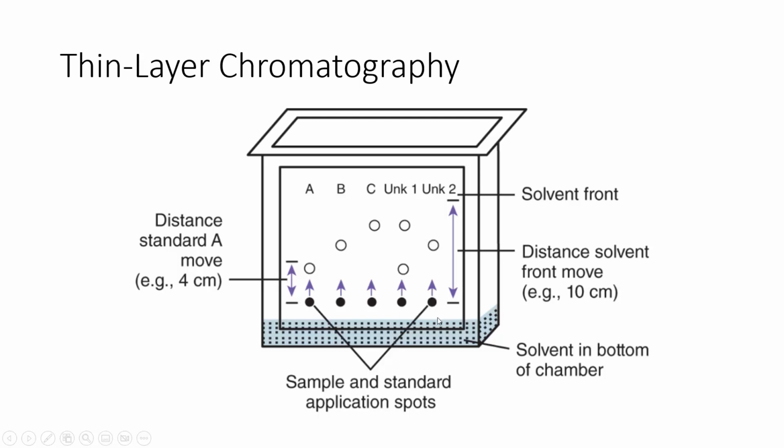The solution is going to start to migrate up by capillary action, and as the molecules within that solution separate out, they're going to have fronts at different locations, and then we can compare the standards to the samples to see what the unknown identifications are. So you can see unknown 1 has this in it, and it also has this in it. Unknown 2 has this in it.